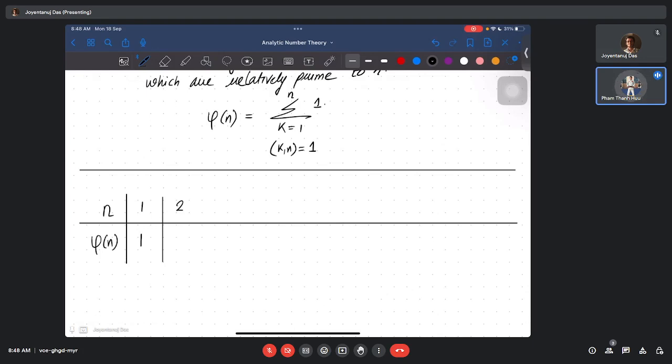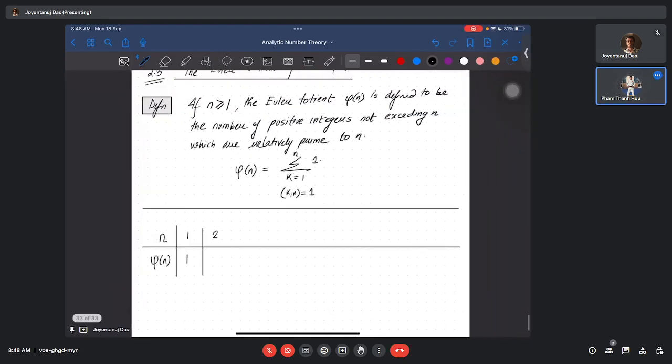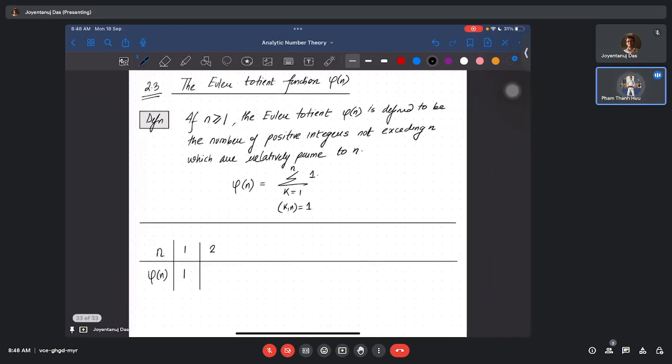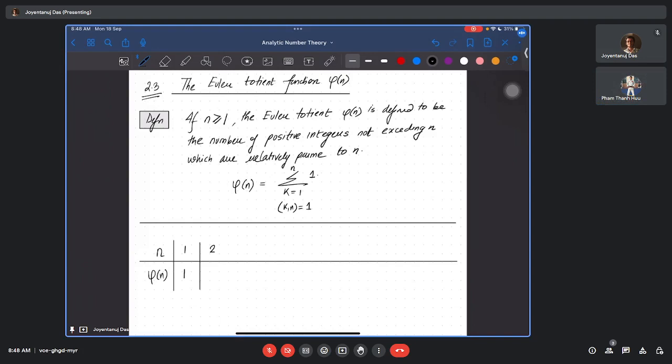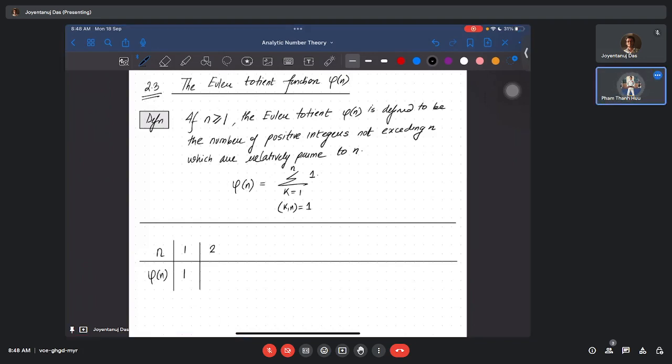Let me see the definition again: the number of positive integers not exceeding n relatively prime to n.